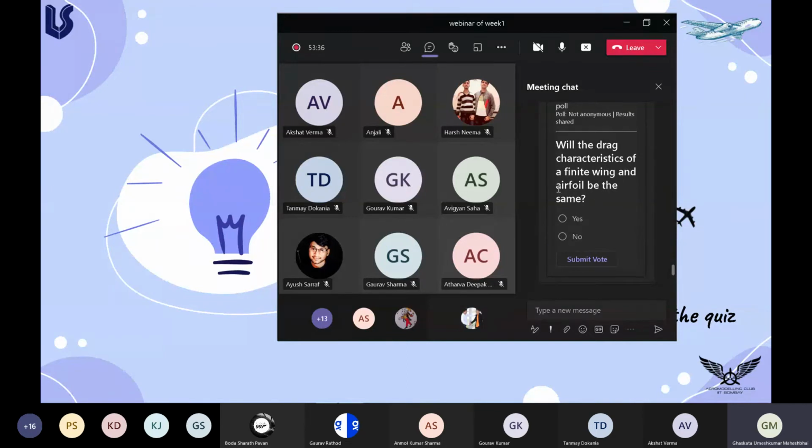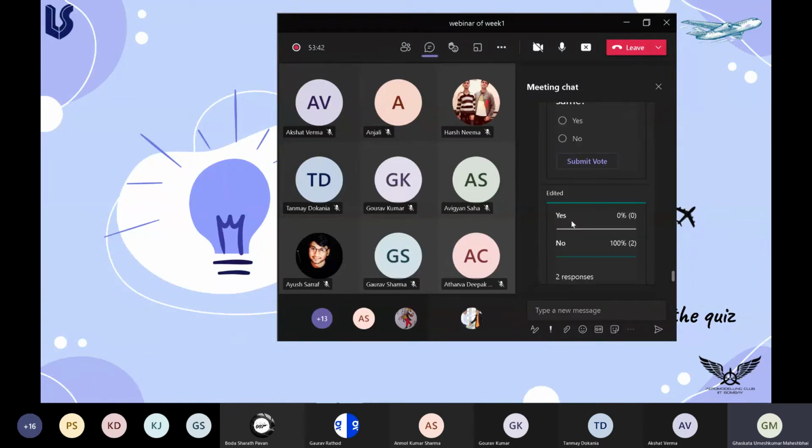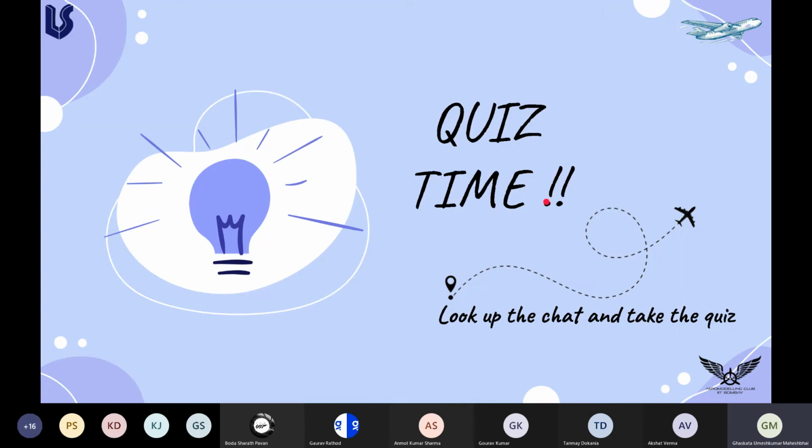You can consider an airfoil as an infinite wing. So according to this, you can give an answer. Okay, all the guys gave the correct answer. So now let's move forward.